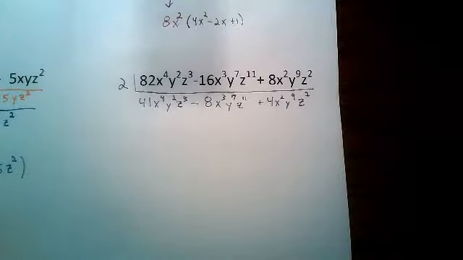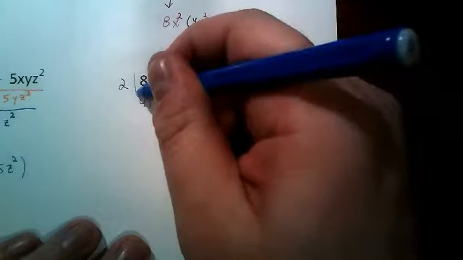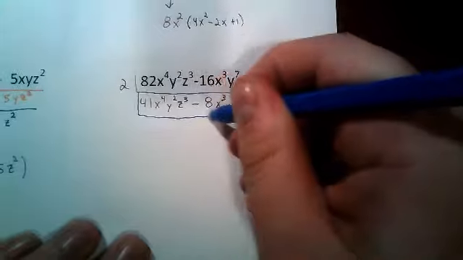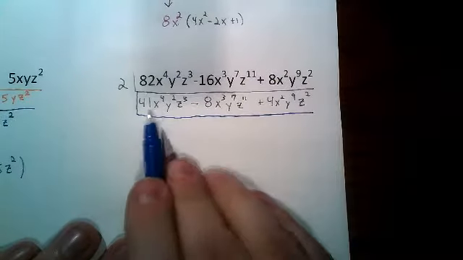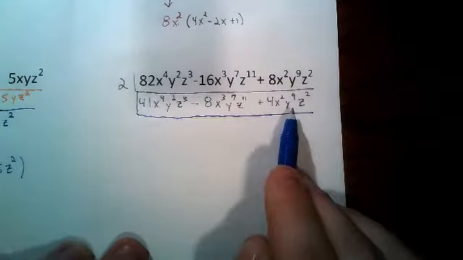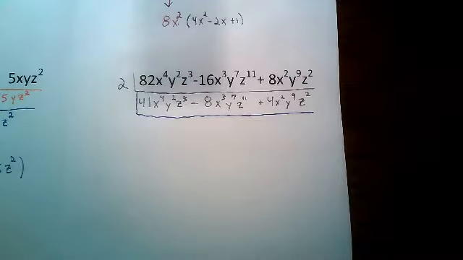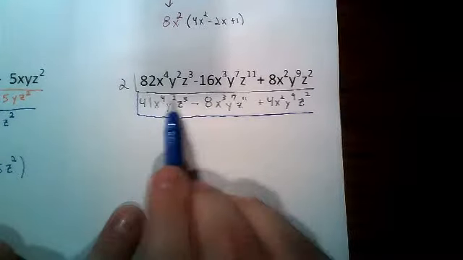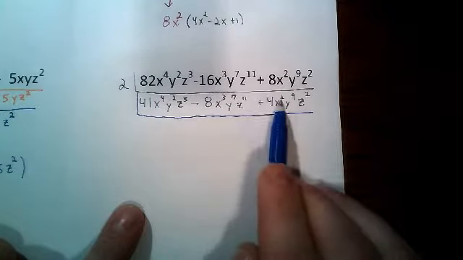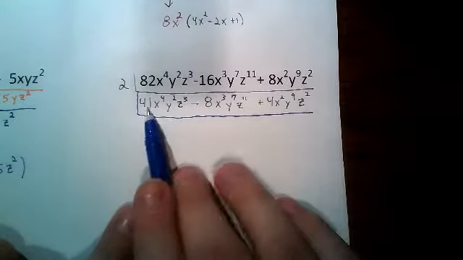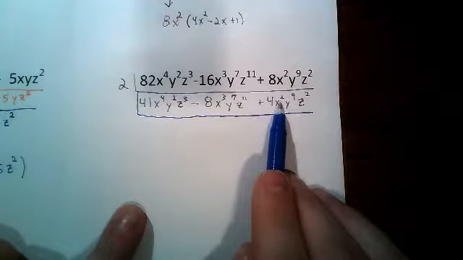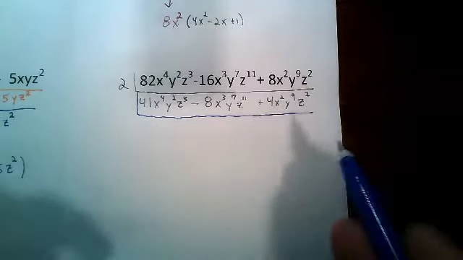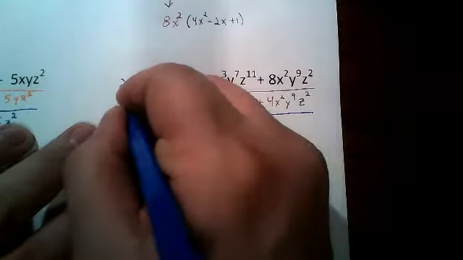Okay. Now, similar to the last problem, let's look for a variable. So they all have an x in common, right? They all have x's. How many can I take out at once? So x to the 4th, x cubed, and x squared. So they at least have an x squared. So I'm going to take out an x squared.